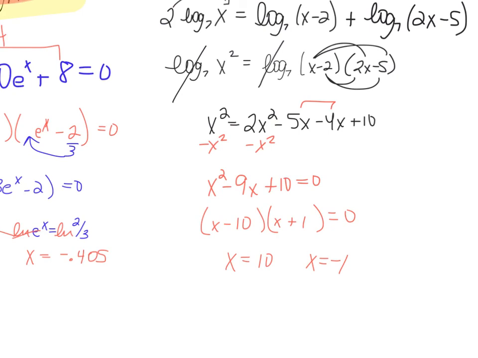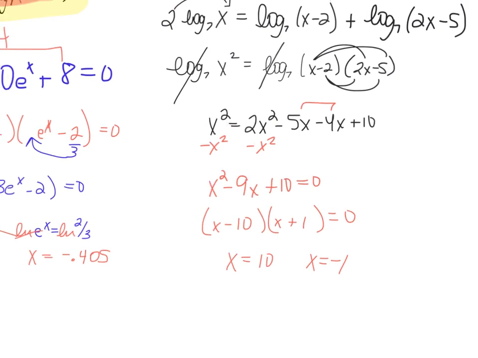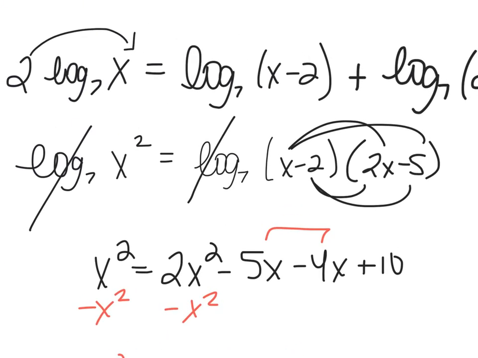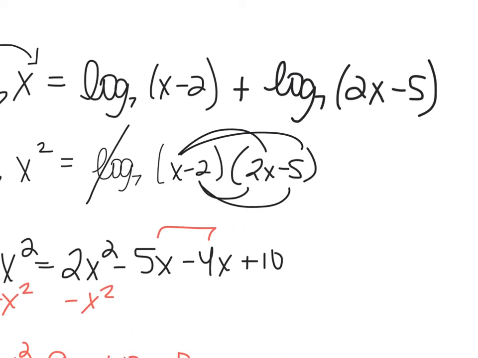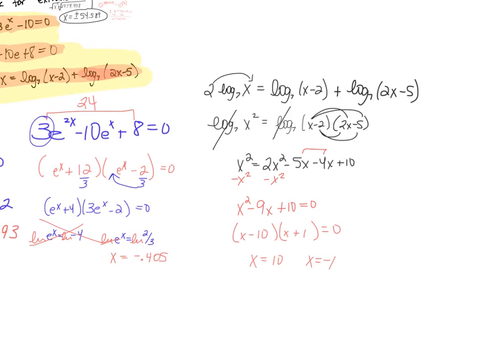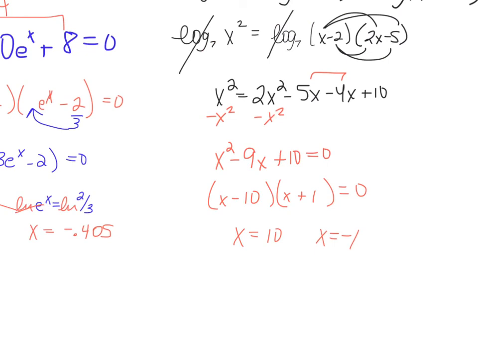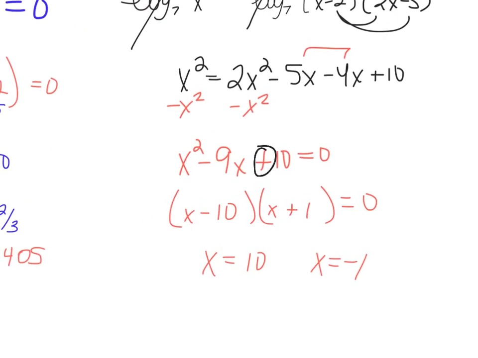Now what do I have to make sure of? Nothing becomes negative in the log. So just check real quick. Plug in 10. 10 minus 2, we're good. 20 minus 5. Guys, actually, there's a sign issue right here. But listen, this one's not going to factor. I'm not going to give you one that doesn't factor.